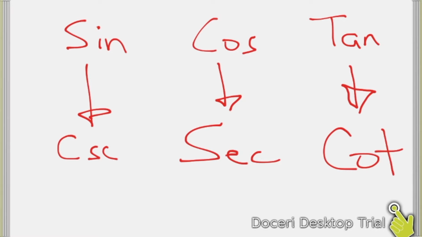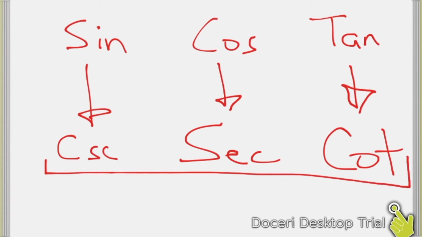So cosecant, the third letter is S, so it goes with sine. Secant, third letter is C, so it goes with cosine. And then third letter of cotangent is T, so it goes with tangent. Then all you have to know is that all of these three down here are just reciprocals of the original.